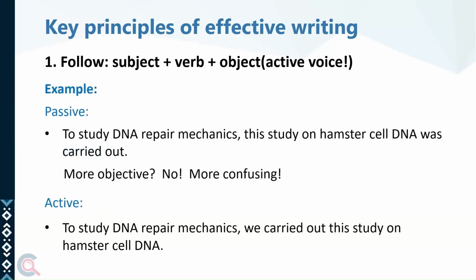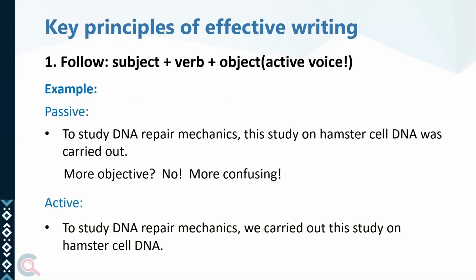So this is an example of sentences which are written in the passive and in the active form. The first one, to study DNA repair mechanics, this study on hamster cell DNA was carried out. When you read this sentence, you discover that this is not more objective. It's a little bit confusing.